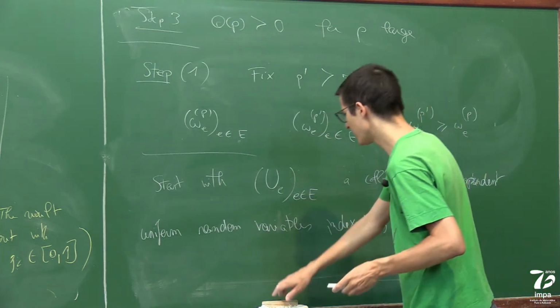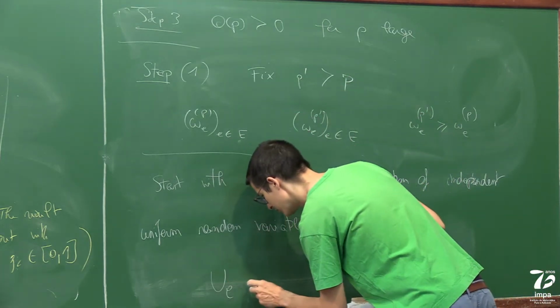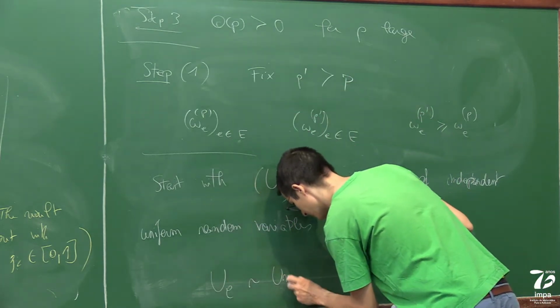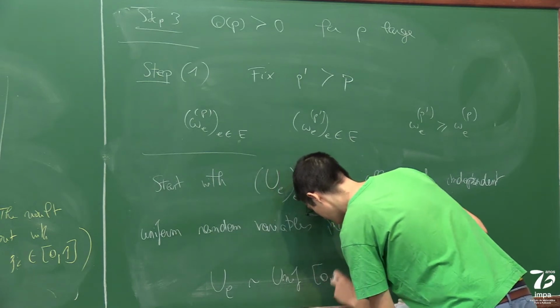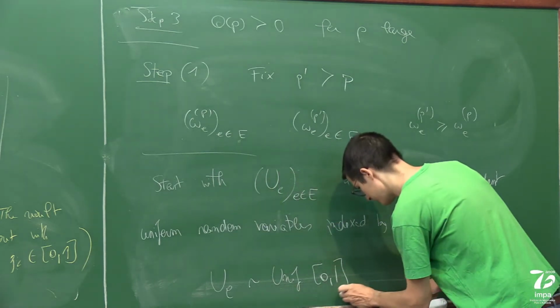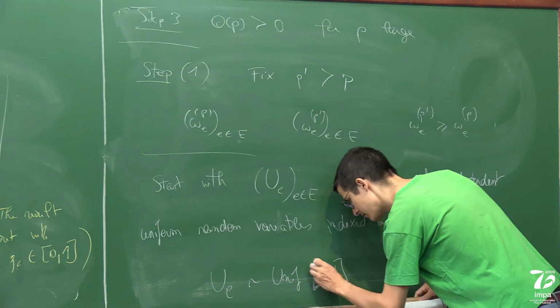So by uniform, I just mean that U_e is distributed like a uniform variable on the interval 0, 1. Okay?